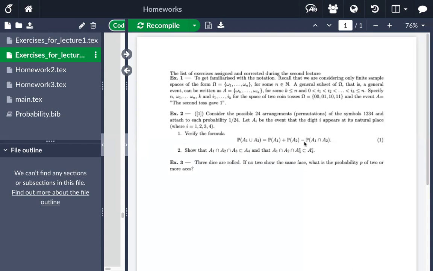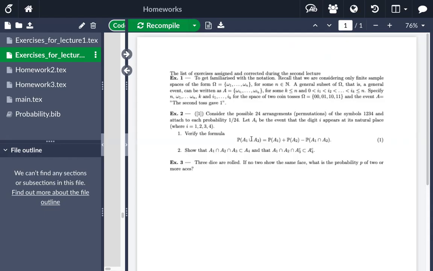Yes, exactly. So this minus here accounts for overcounting: the events that are both in A1 and in A2 are counted twice. Yes, that's correct. Maybe then after that I will write what these sets are precisely.